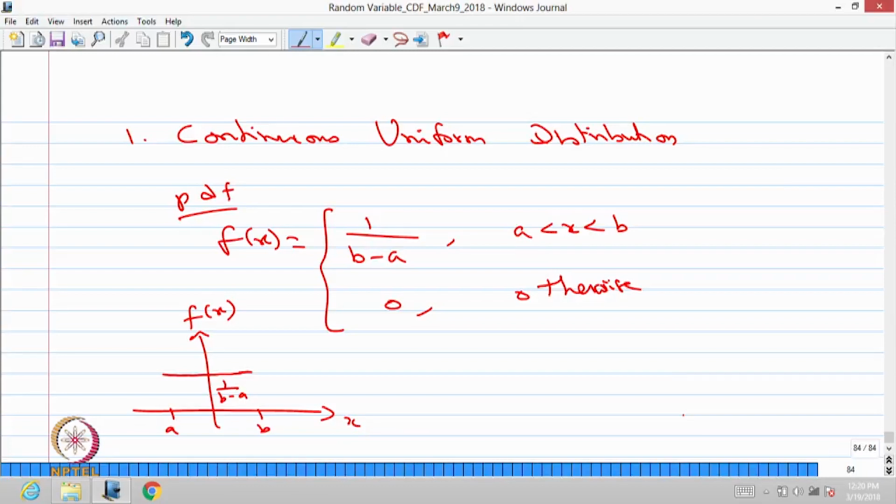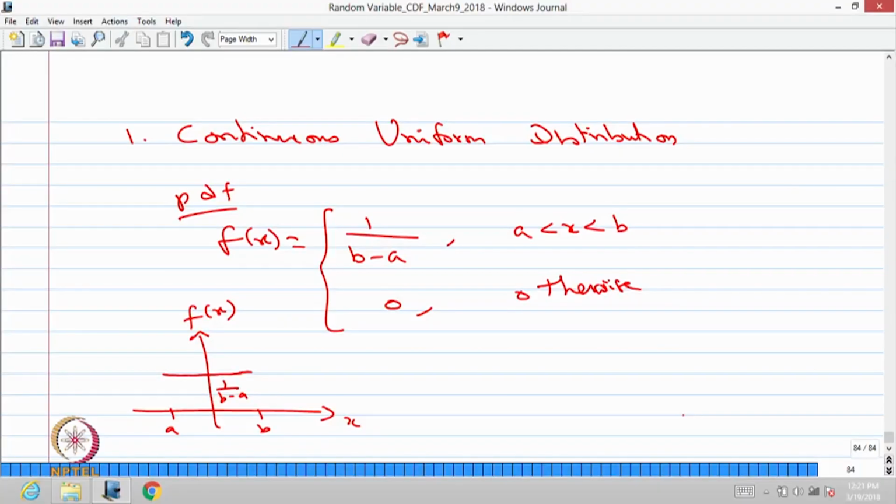Why is it called uniform? Because the probability density is uniform, it is a constant, it is not a function of x between the interval a to b. Since the density is a constant between the interval, and since it is a probability density function, the integration has to be 1, therefore that value is 1 divided by b minus a. Therefore, this continuous type random variable is called a uniformly distributed random variable.